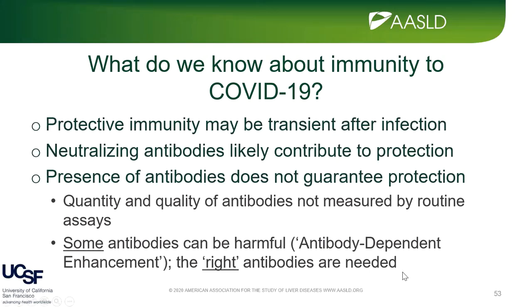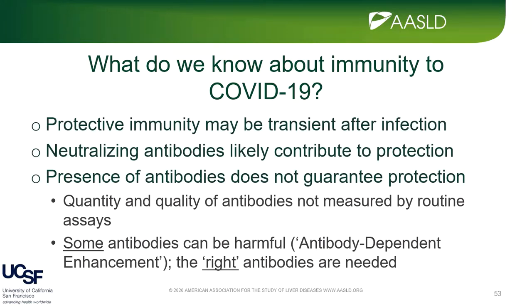However, as Dr. Patel indicated, the presence of antibodies doesn't necessarily guarantee protection. The available antibody assays that are used presently don't measure the quantity or the quality of the antibodies. And what I mean by the quality of antibodies, I'll explain in the next slide, but neutralizing antibodies are thought to be helpful. And as I've detailed on the last line here, some antibodies can actually be harmful.